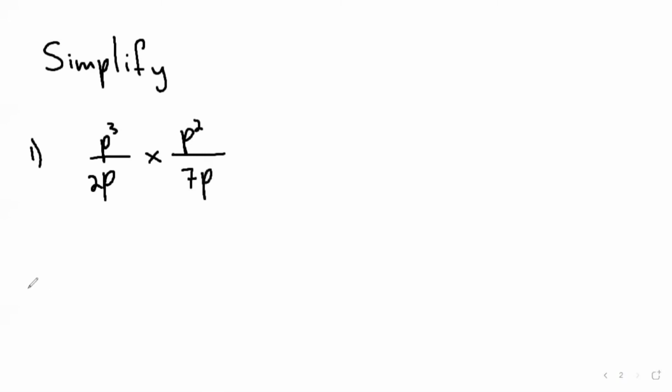And on this side, we have b cubed divided by 3, multiplying that by 21 divided by b squared. Let's look at two simple examples.